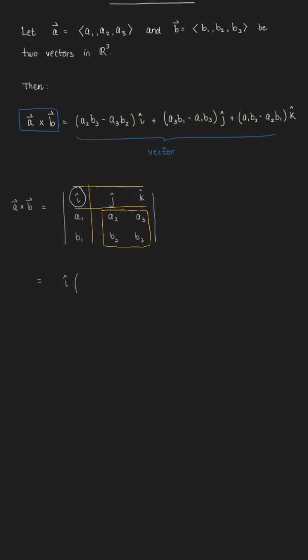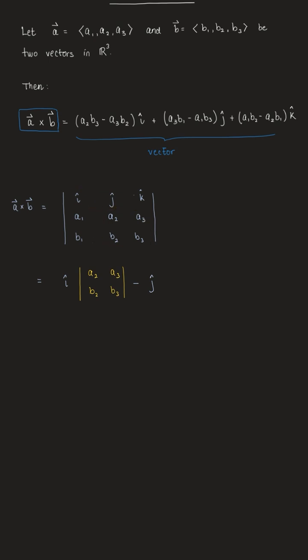So this is going to be I times the determinant of A2, A3, B2, B3. And also recall that we alternate signs when we pick every element in the first row. So now we're going to have minus J hat.